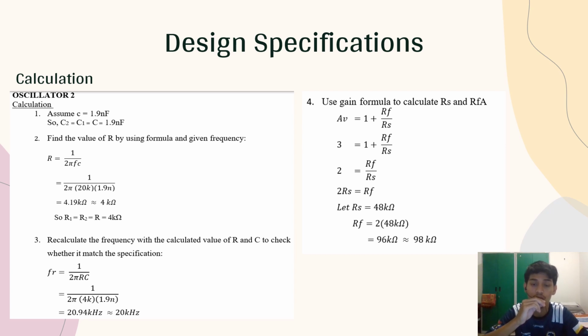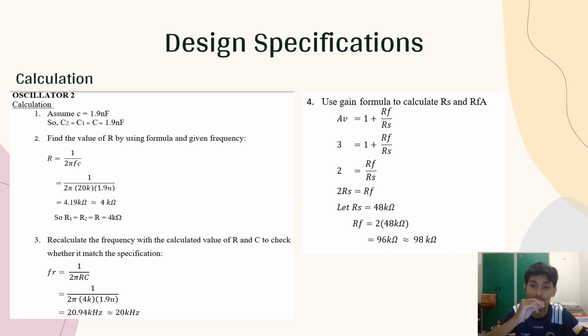For number 4, we use the gain formula to calculate Rs and Rf. So the formula is AV equals 1 plus Rf over Rs. So the AV is 3, equal to 1 plus Rf over Rs. So we move 1 to the left side. So we get 2 equals Rf over Rs.